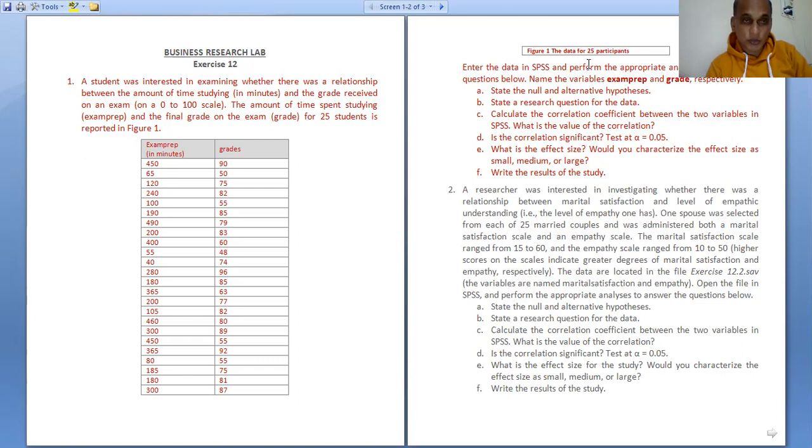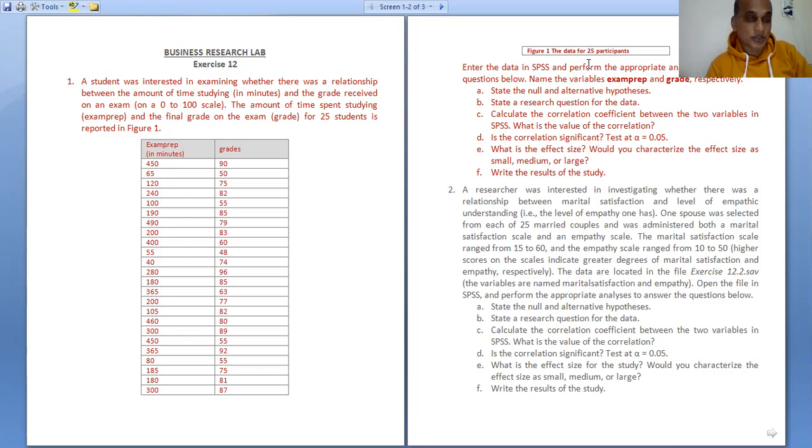So let's look at the question once again. We have 25 students whose data is with us. Data is on two variables. Variable one is the time they have taken in preparing for the exam, that is studying, known as the variable exam prep.